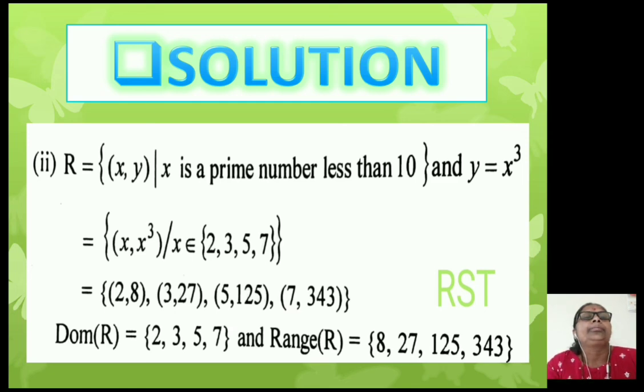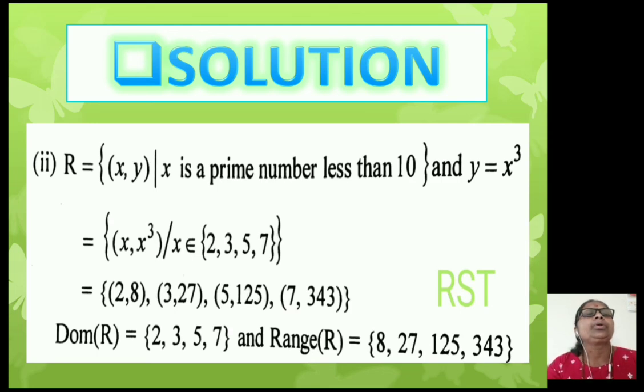Since x is prime, consider the first element 2, the second element is x cube, 2 cube is 8, so the first ordered pair is (2, 8). For the second ordered pair, consider x as the second element, that is 3, and x cube is 27, so the second ordered pair is (3, 27).